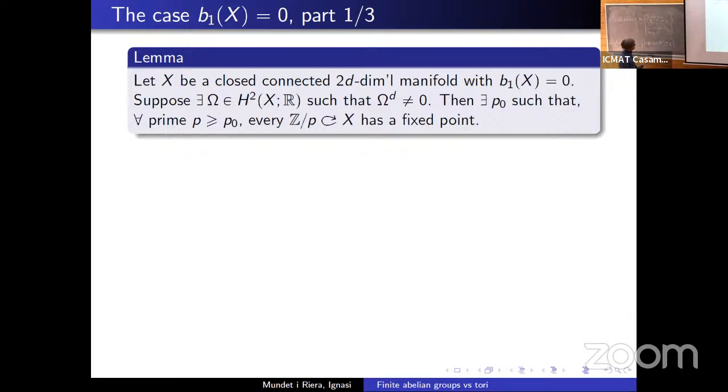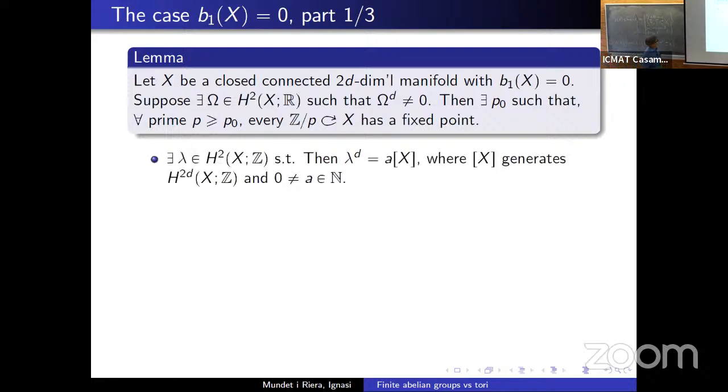If X is closed connected, two-dimensional, if X is C-symplectic, which means that it has a degree 2 cohomology class whose d-th power is different from 0, and furthermore, if b1 of X is equal to 0, then for a sufficiently big prime p, any action of Z mod p on X has a fixed point. Okay, so to prove this lemma, we proceed in several steps.